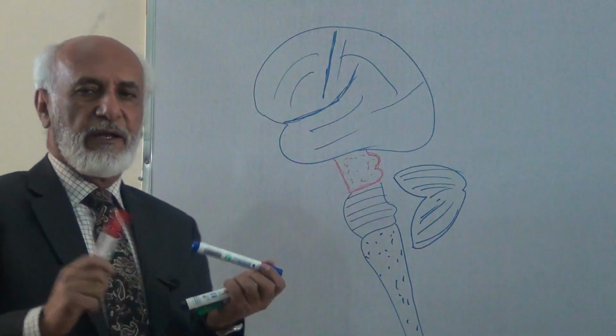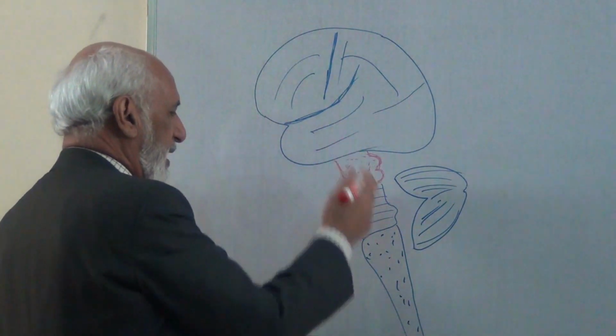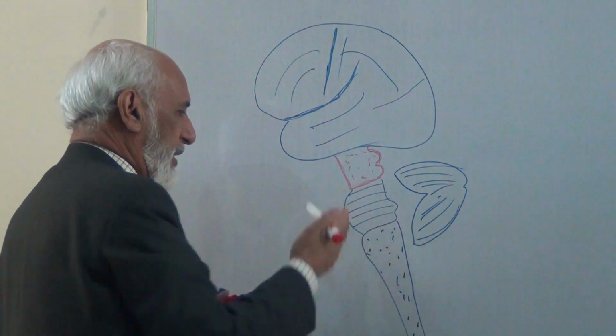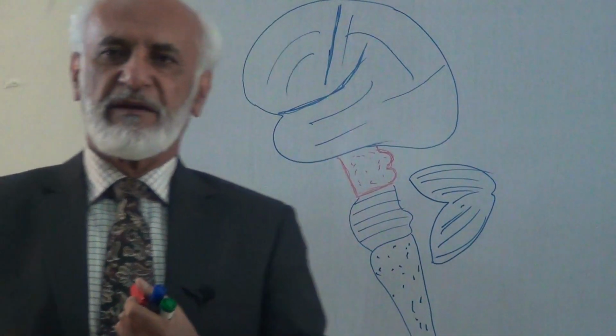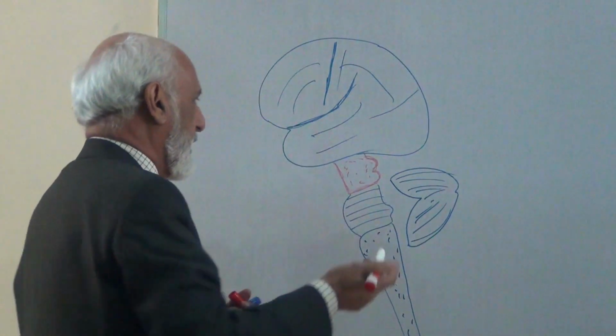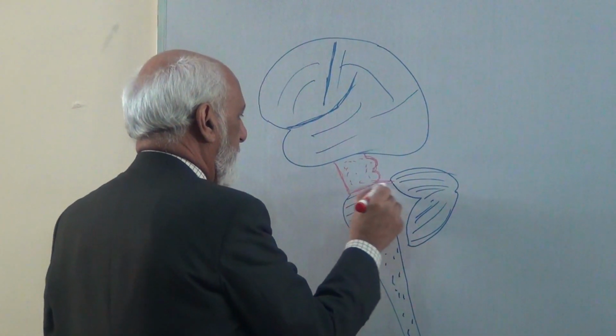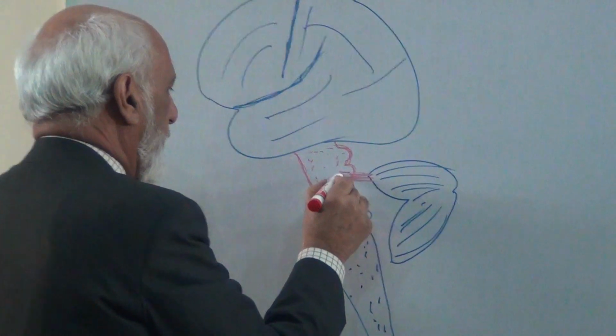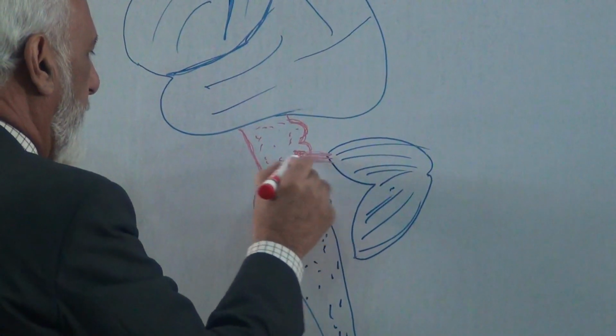Now cerebellum is connected to the brainstem, that is midbrain, pons and medulla oblongata, by three pairs of cerebellar peduncles. So the cerebellum is connected to the midbrain by a pair of superior cerebellar peduncle.